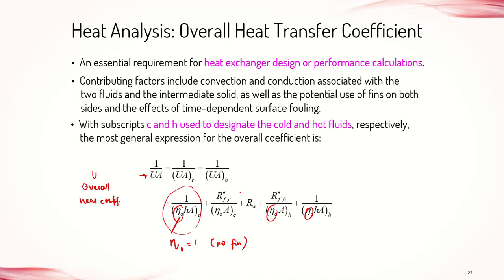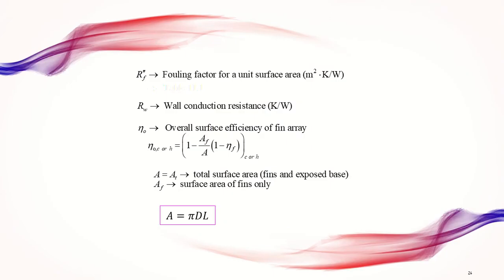The second and third terms here correspond to the cold side and the hot side fouling factors. R double prime is the fouling factor: the fouling factor of the cold side and the fouling factor of the hot side.